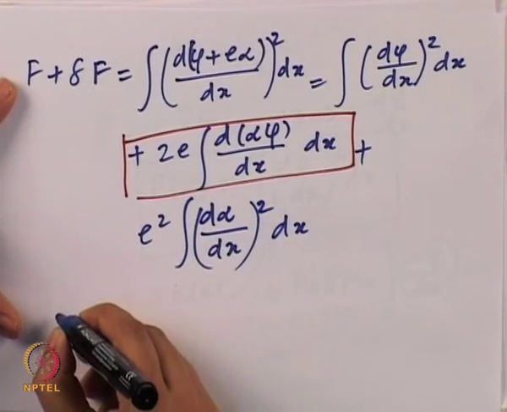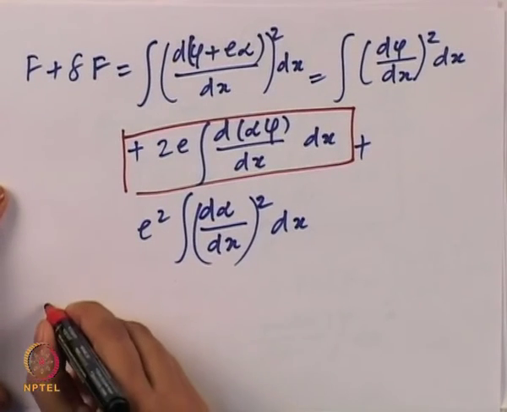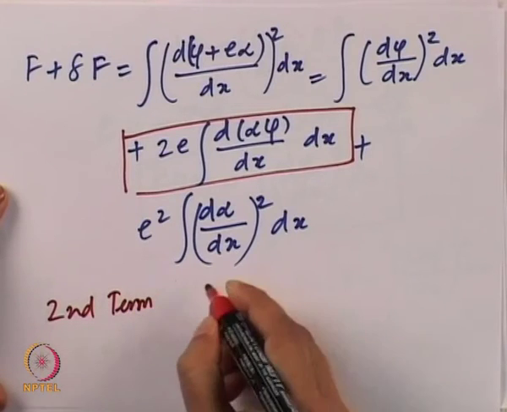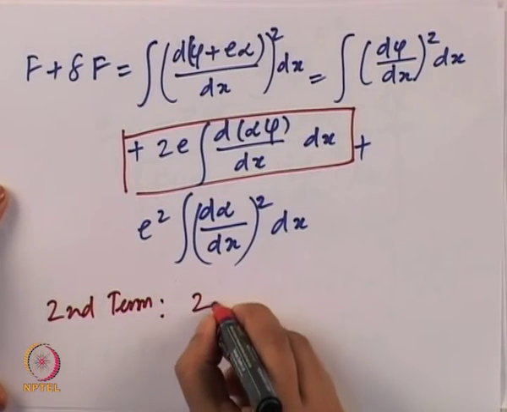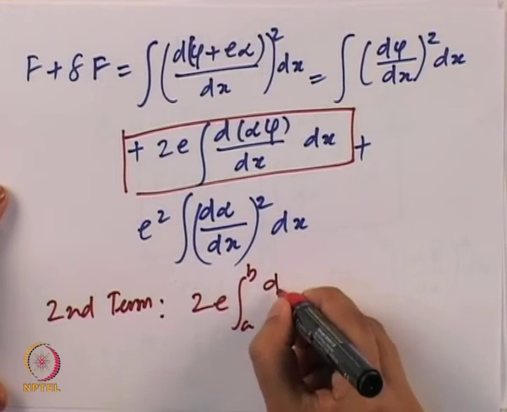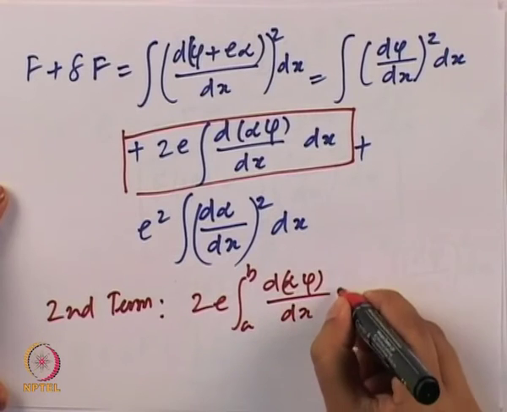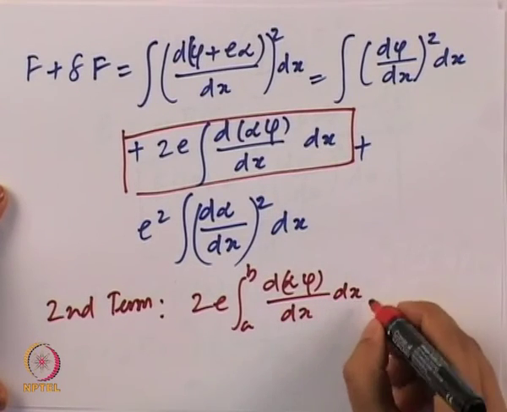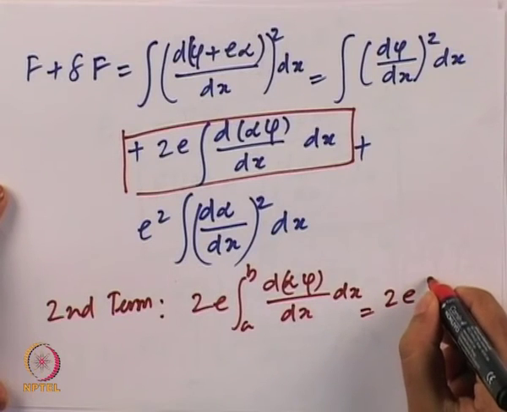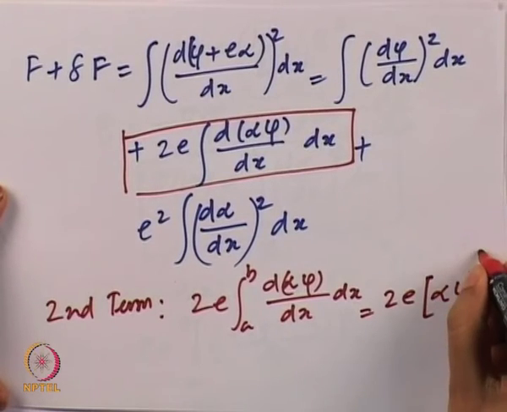The second term is nothing but 2e integral a to b d alpha phi divided by dx, which is equal to 2e alpha phi from a to b.